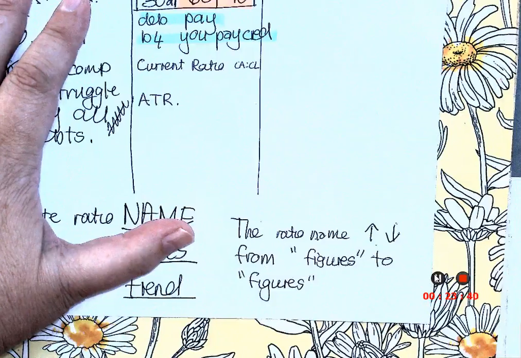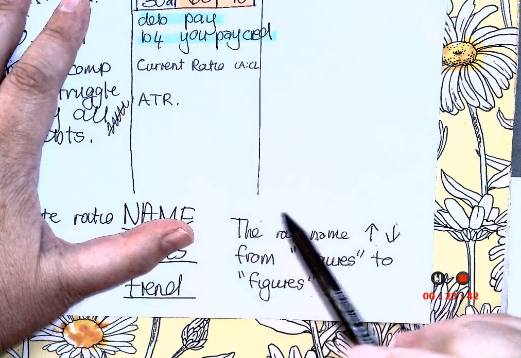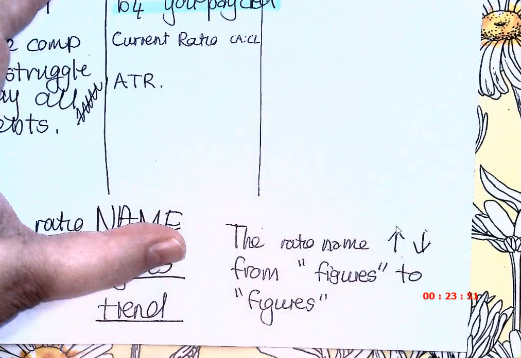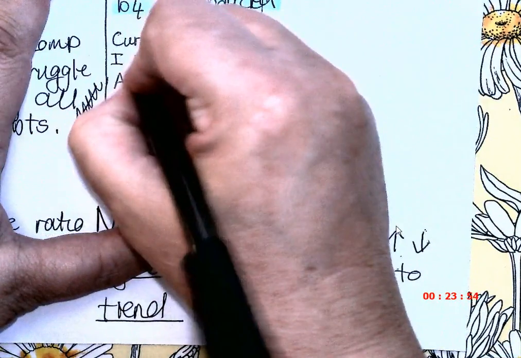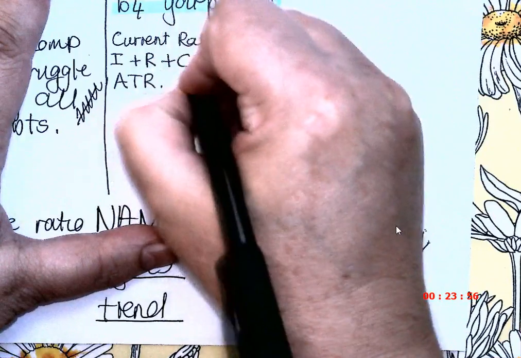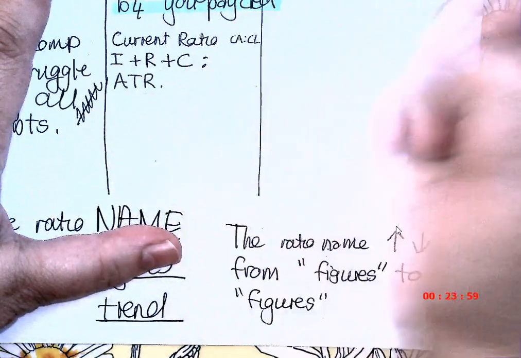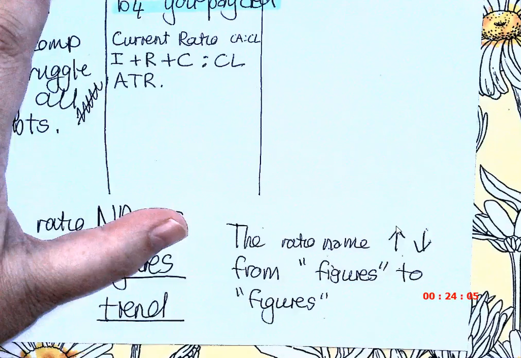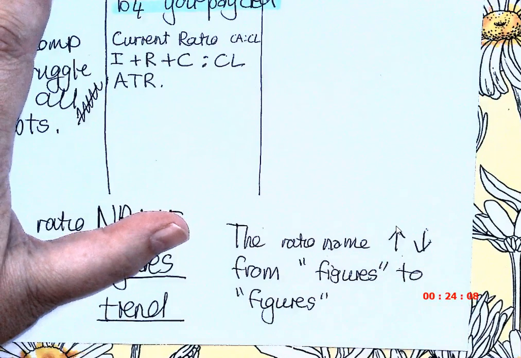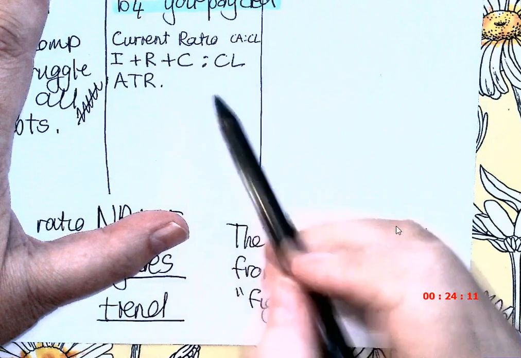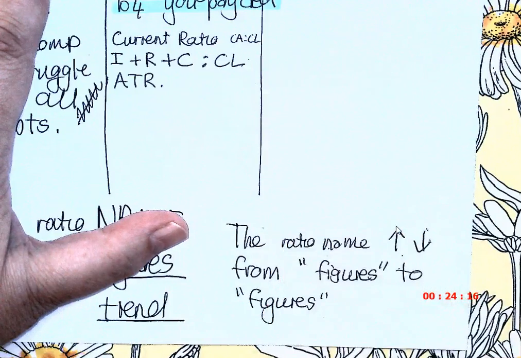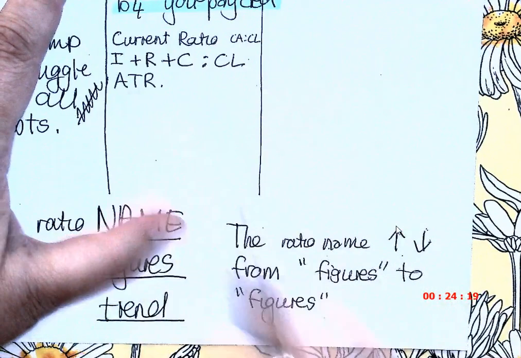Current assets are inventory, receivables and cash. Current liabilities are creditors, bank overdraft, short-term loan, shareholders for dividends, but for current liabilities you always use the total in the balance sheet, not a breakdown.